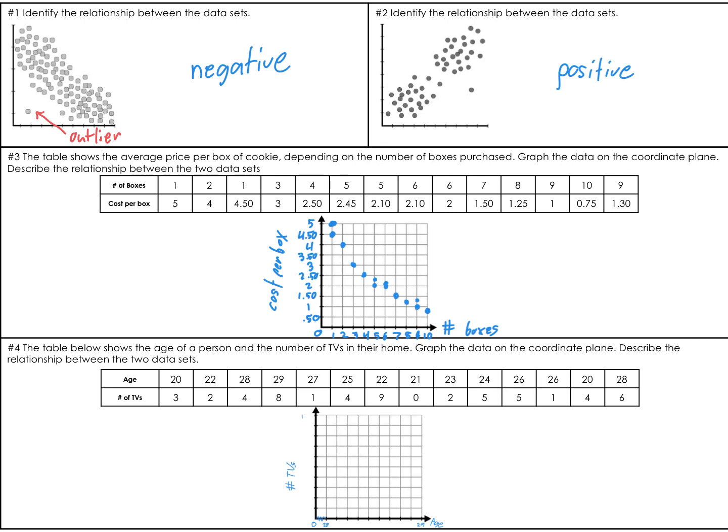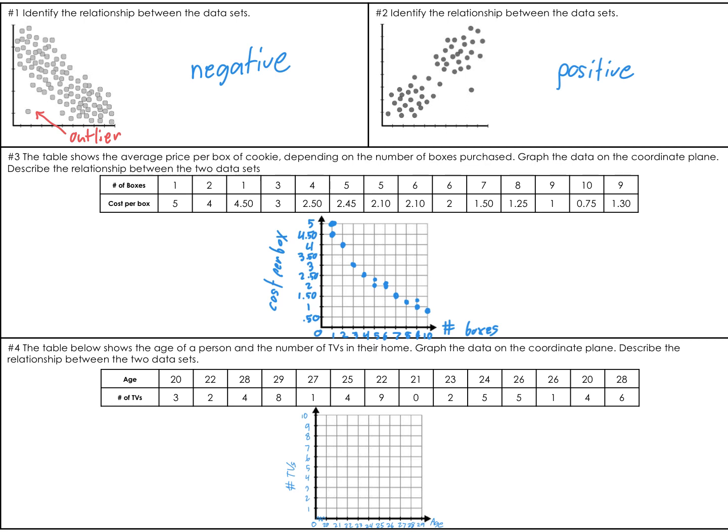So, what I'm going to do is I'm going to do this little symbol here, meaning the graph is broken. We're not showing the entire graph, we're only showing a later part of the graph. And then we're going to do 20, 21, 22, 23, 24, 25, 26, 27, 28, and 29. Now, on our y-axis, we're going to have 0, 1, 2, 3, 4, 5, 6, 7, 8, 9, 10.